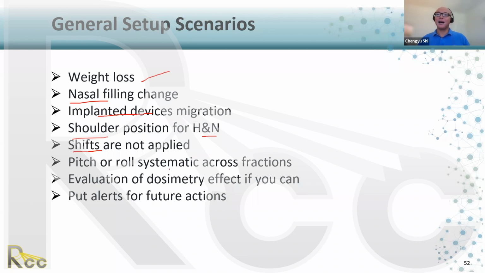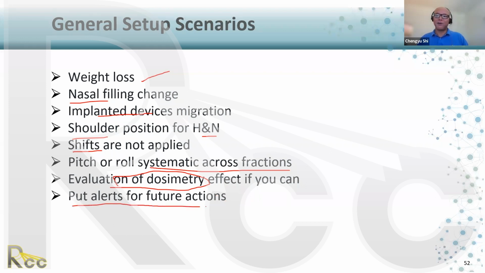Those systematic errors across the fractions, that means something. That means either the patient anatomy changed or the therapist really just depends on auto registration and gives you a systematic error. And most important, what's the dosimetry effect? And do communicate with the MD and see if we need a replan or not.